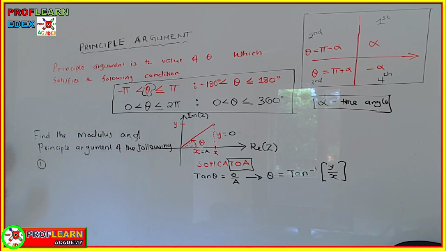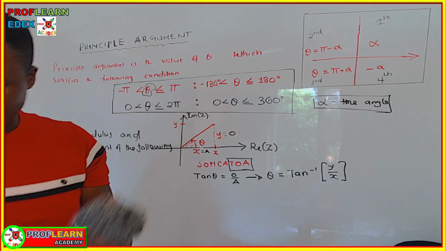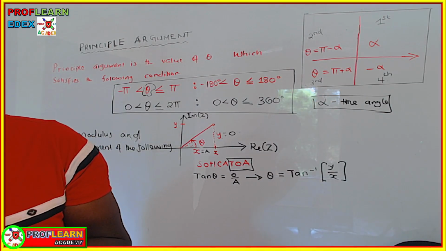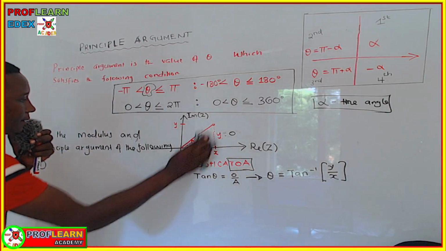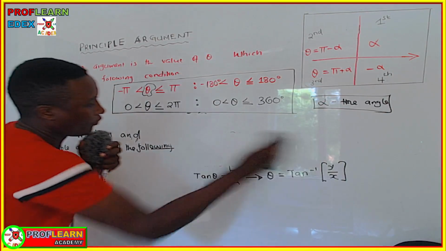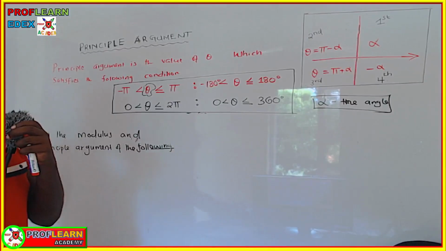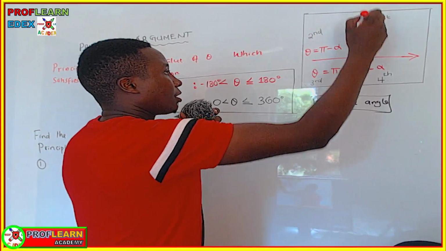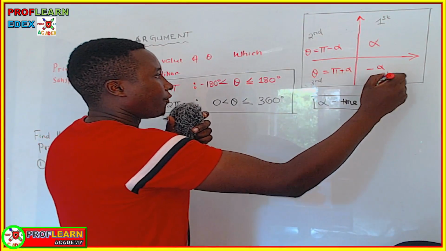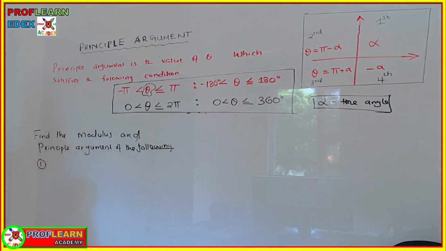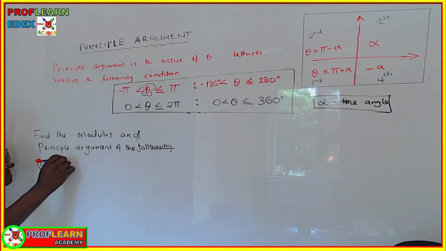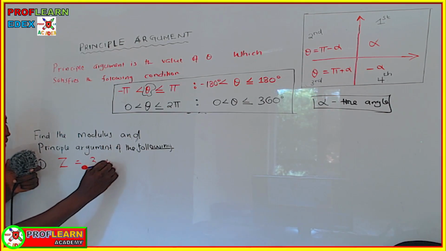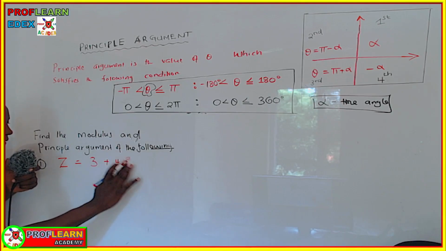So number one, we are trying to work out the modulus and principal argument of a complex number which is in the first quadrant, because a complex number can be in the first quadrant, can be in the second quadrant, can be in the third or in the fourth quadrant. So we're going to see what we mean by that. You have z is equal to 3 plus 4i.